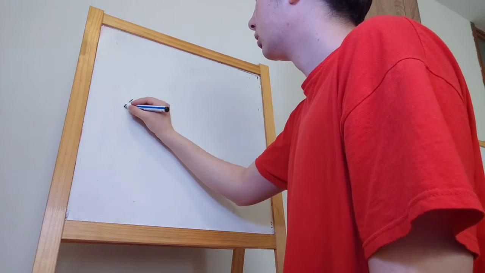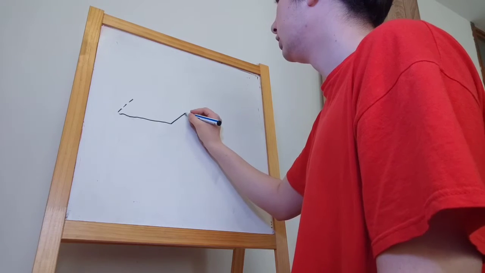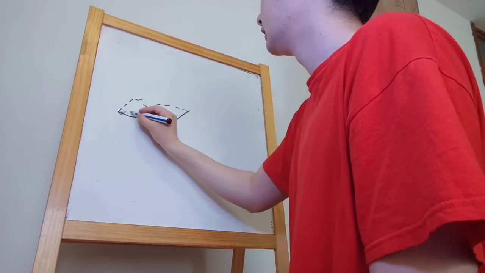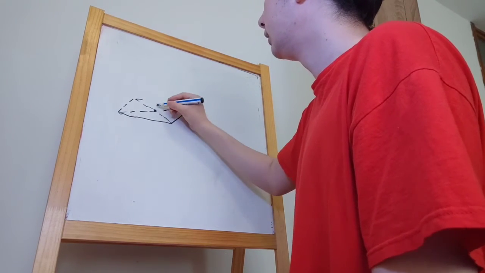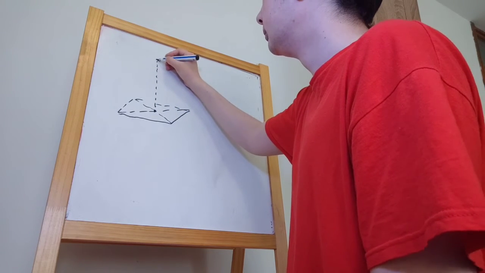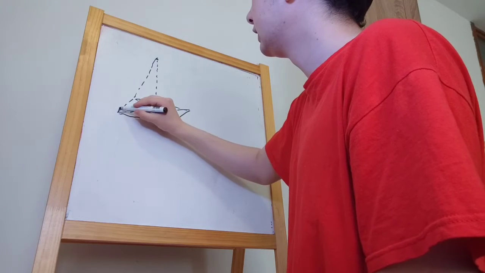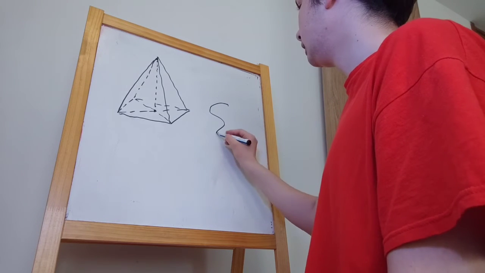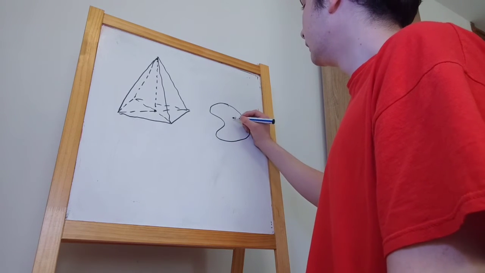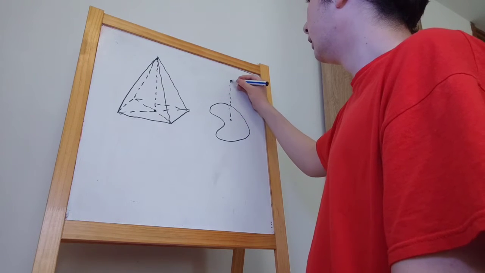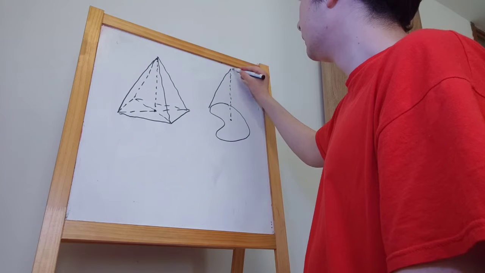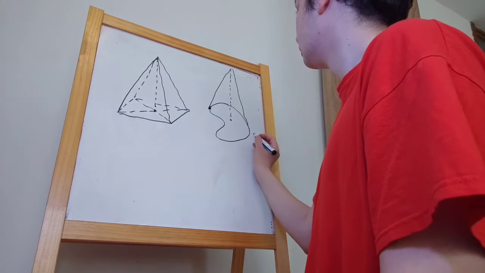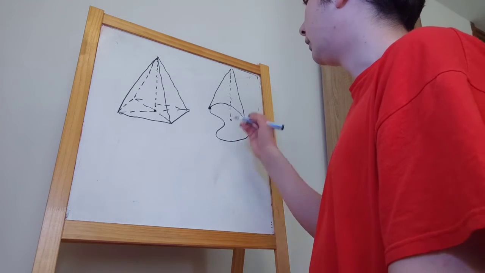So consider a rectangular shape, and for the sake of reasoning, take the vertex to be above the center of the rectangle, and then we have a squiggly shape like this with its center right here, and we take its volume.